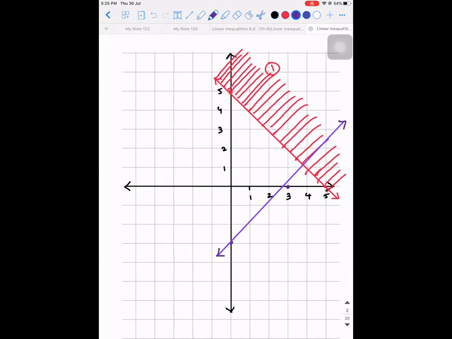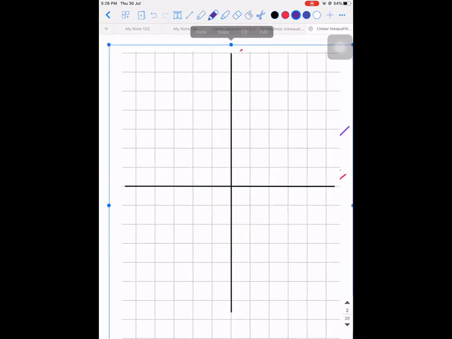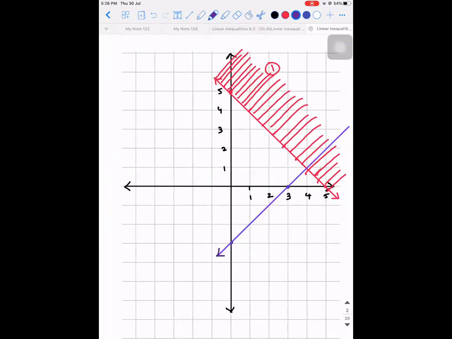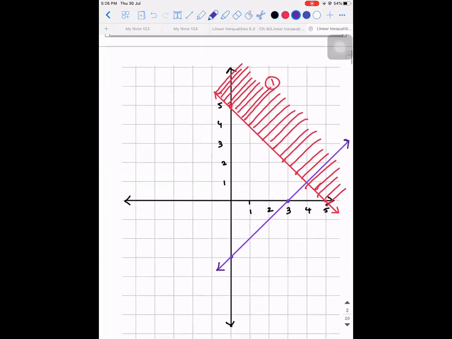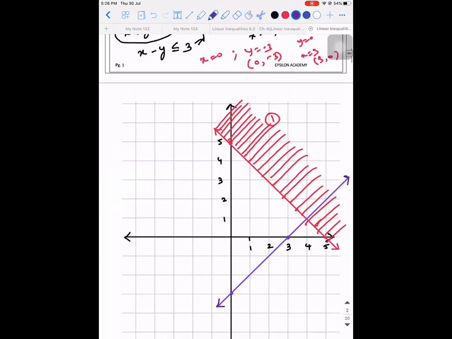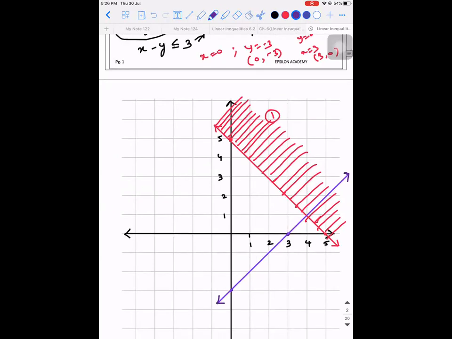Now tell me which part should I shade? With origin, sir. With origin is satisfying. So 0, 0: is 0 less than or equal to 3? Yes, so I should shade this portion.